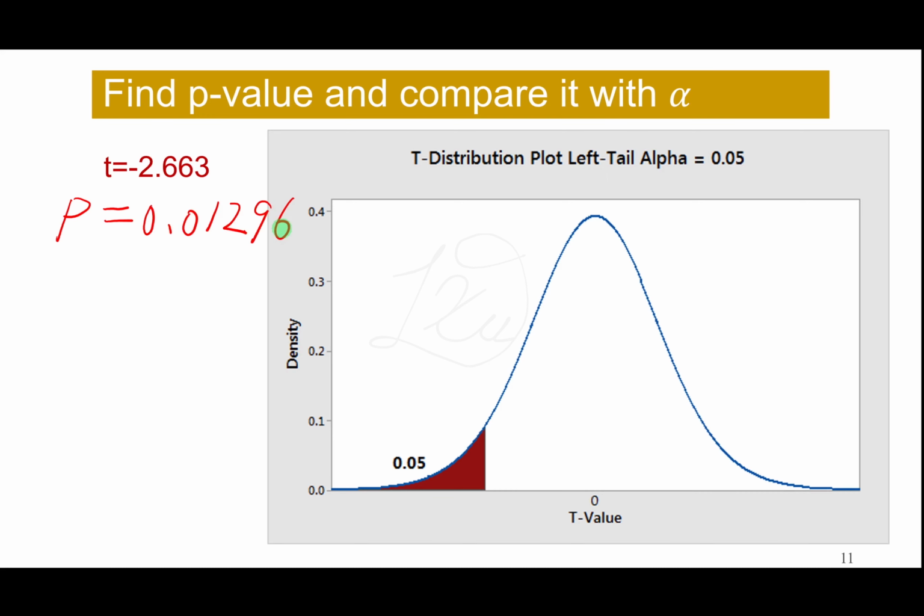P equals 0.01296. This means the t-value corresponding to the sample average of 16.764 is approximately here. So t equals negative 2.663, and this area here is smaller than 0.05.